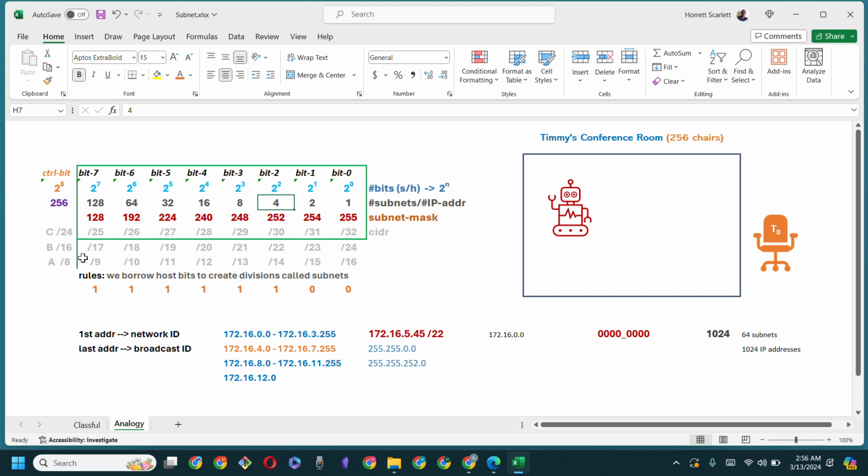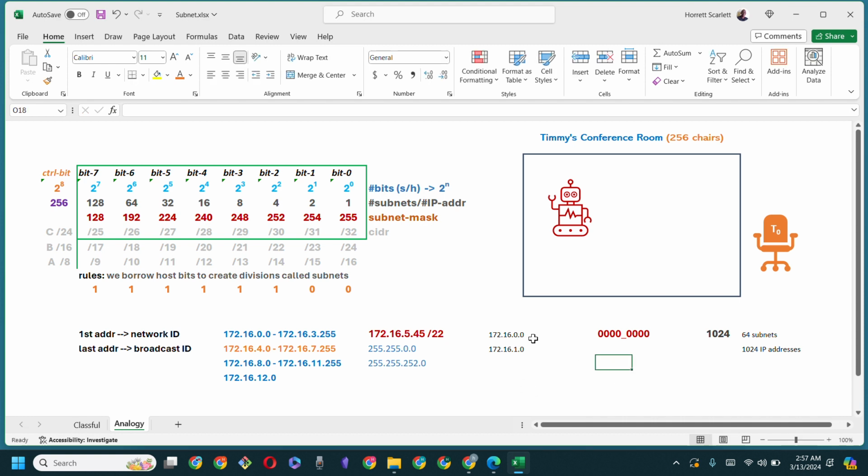We have also determined, because we are using a class B, that we are making changes to the third octet. So it therefore means that 172.16.0.0 is the first range that we're looking at in that octet. Then we would move to 172.16.1.0.